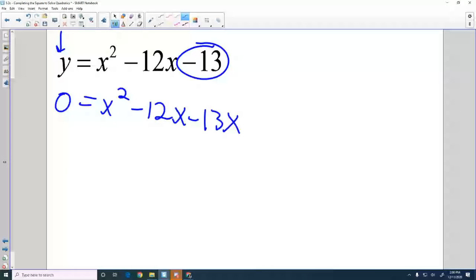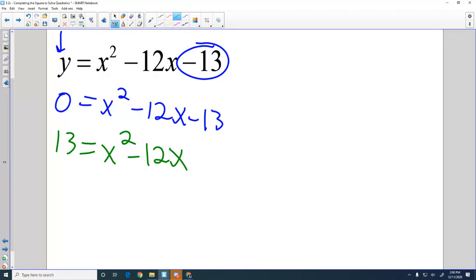Now when I add 13 to the other side, not 13x, goofy, here we go. I'm just going to have 13 equals x squared minus 12x. It's a little bit nicer because I don't have that y on the left side, which we did when we were trying to keep it in vertex form. In this case, we just add that to the other side.